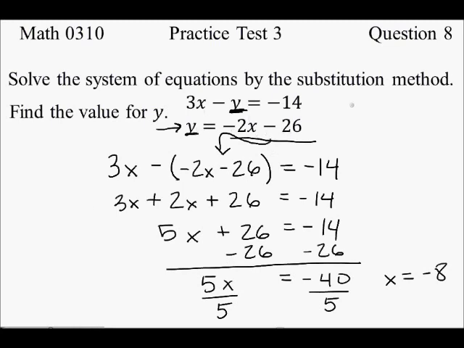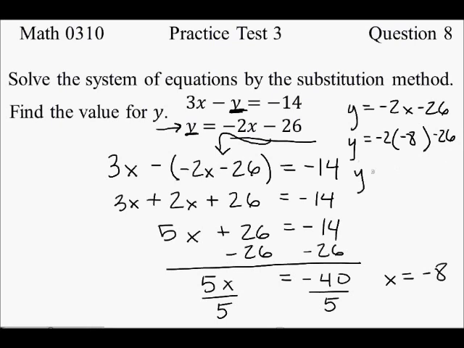So we said y was equal to this equation right here, negative 2x minus 26. And we know x is negative 8 already, so we'll just take that information and put it in for x. So negative 2 times x becomes negative 2 times negative 8 minus 26.